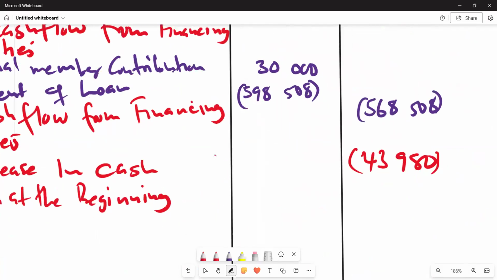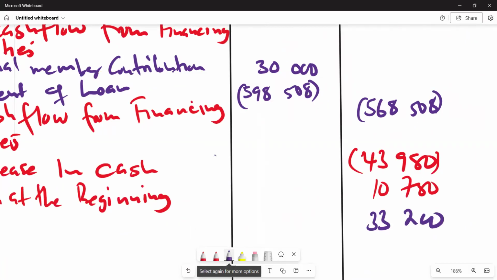Obviously here we are going to say negative 43,980 plus 10,780. And then the answer that you're going to get there will be negative again, 33,200. And this is now the balance at the end.